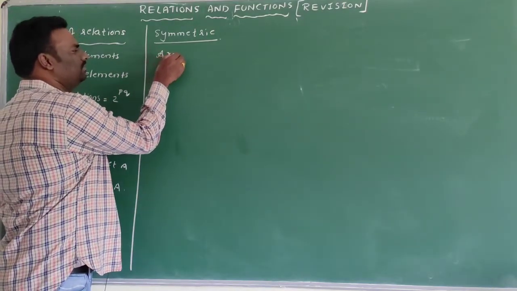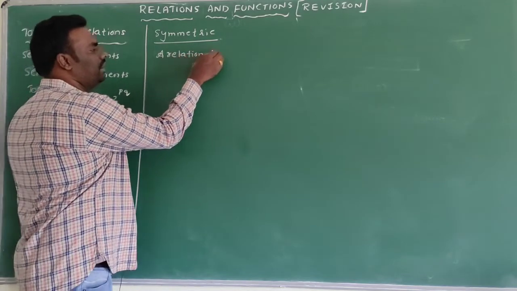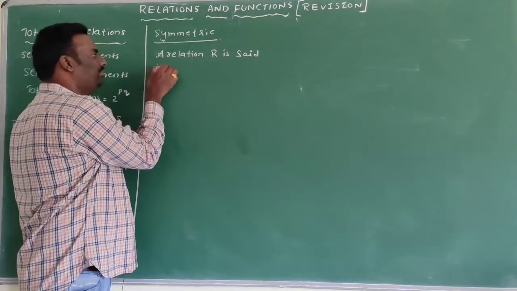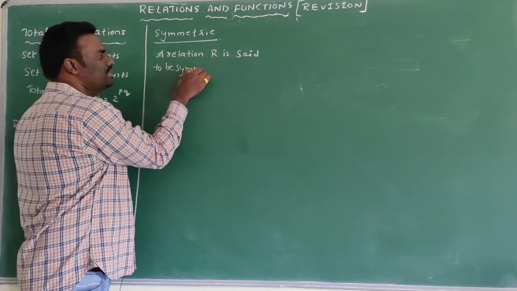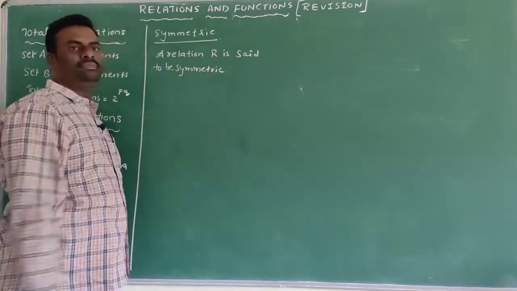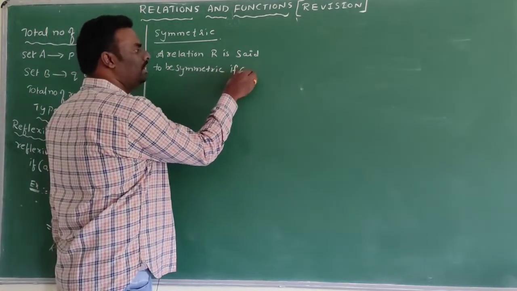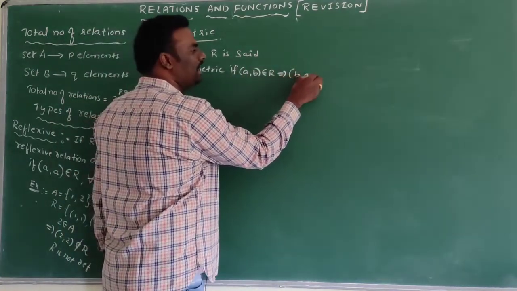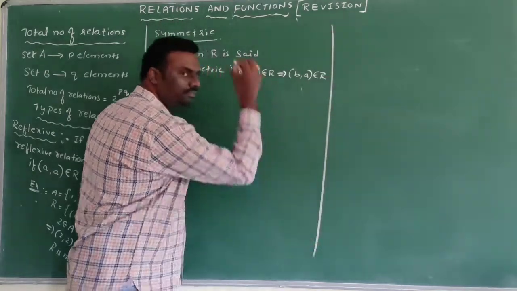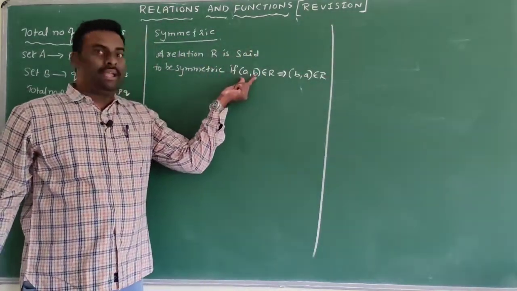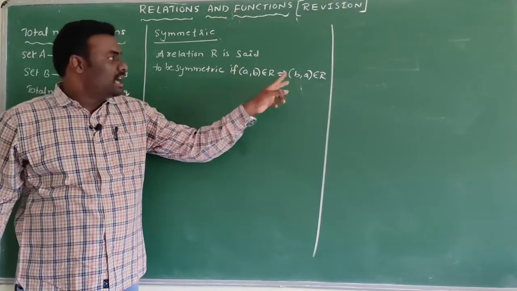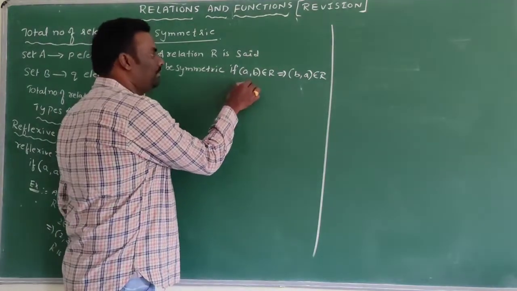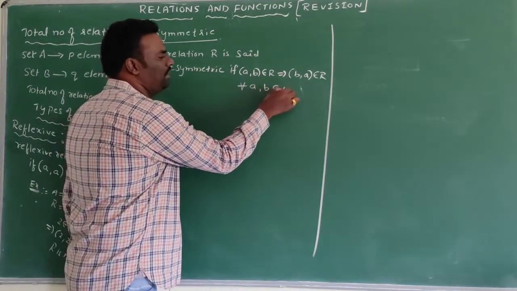A relation R is said to be symmetric if (a, b) belongs to R, that implies (b, a) also belongs to R. If you take an ordered pair in the relation R, the reciprocal of this ordered pair also belongs to R, for all a, b belonging to A.